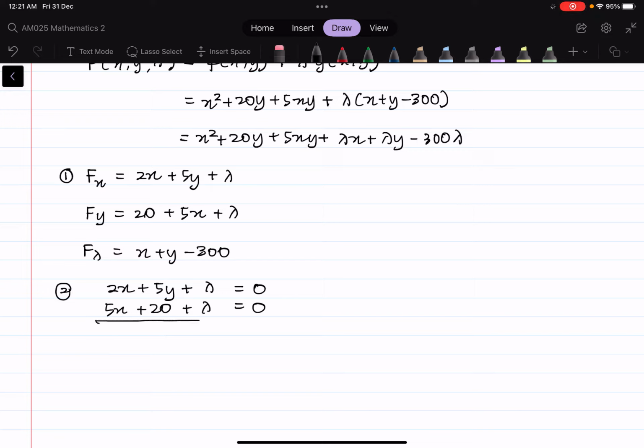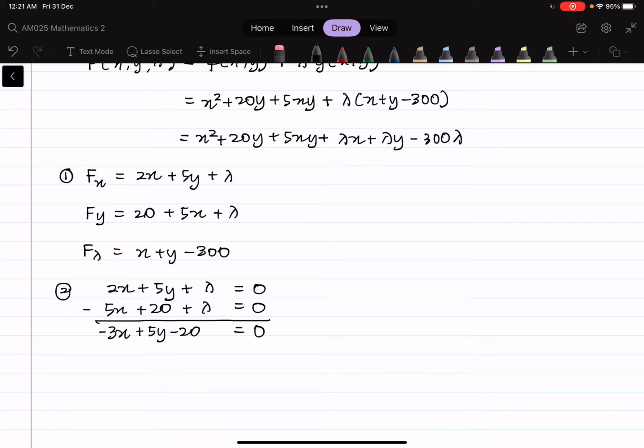If we subtract these two equations, 2x minus 5x is negative 3x, then 5y minus 20, and lambda minus lambda is 0, equals 0.